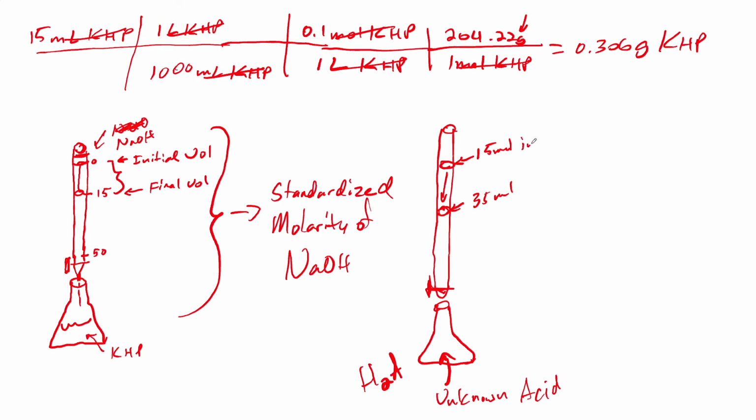This is your initial volume, and this is your final volume. So it's always final minus initial. In this case, the change in volume, or the volume that you used, was 20 mils.